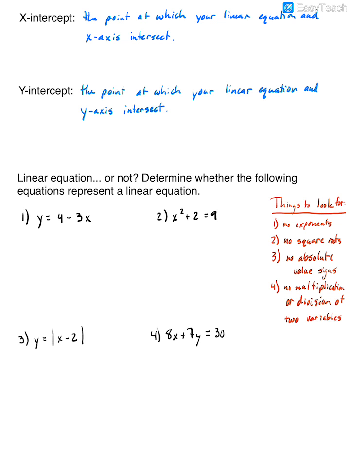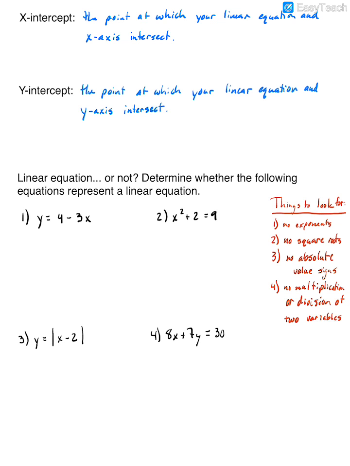With exponents, you can get curves. Same thing with square roots. With an absolute value sign, you get a V shape. And with multiplication or division of your variables, you get kind of curved lines. But they're a little different because there's a break that happens, it's almost like they cut off part of the graph to give you part of a curve, but they're very unique equations.